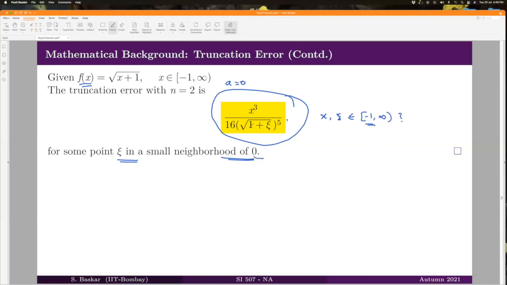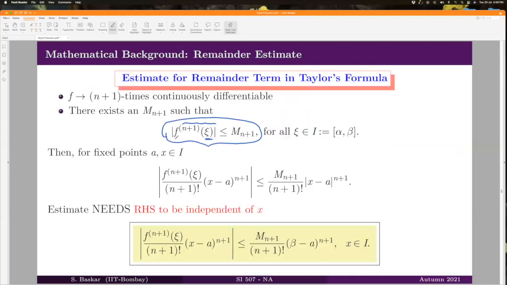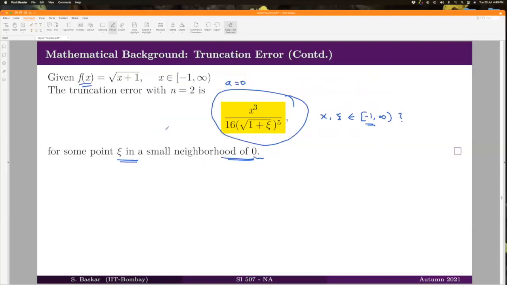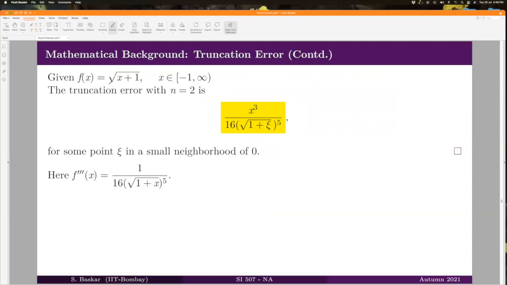See, the neighborhood of 0 may extend up to minus 1 also. So you have to basically find the upper bound for the third derivative of f as per the first step. So what is the third derivative of this function? It is given like this, and unfortunately it is not bounded if you include minus 1 also in your neighborhood of 0, right?